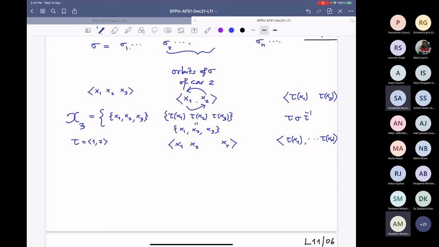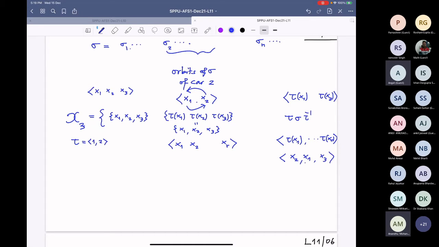It is just shuffled because when I write this cycle, I will have to write tau of x2, tau of x1. So tau of x1 will be x2, tau of x2 will be x1, and the other one is x3.